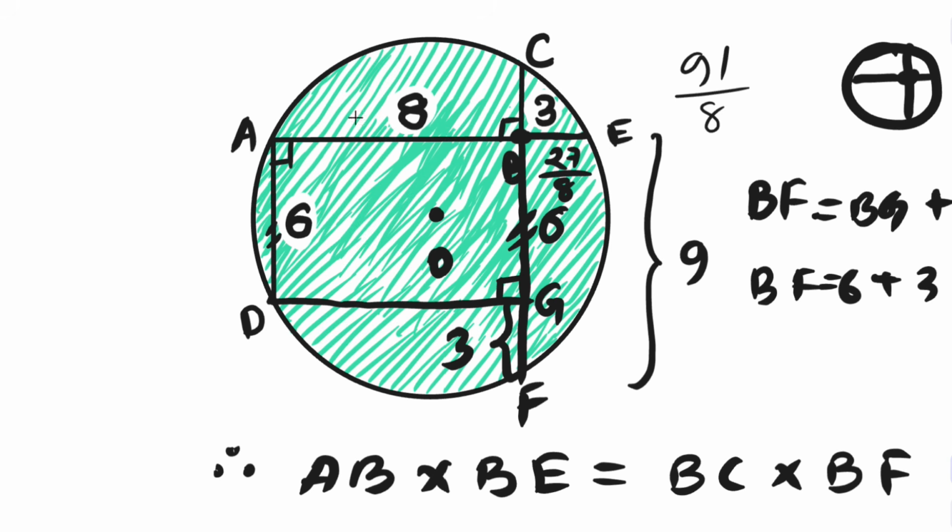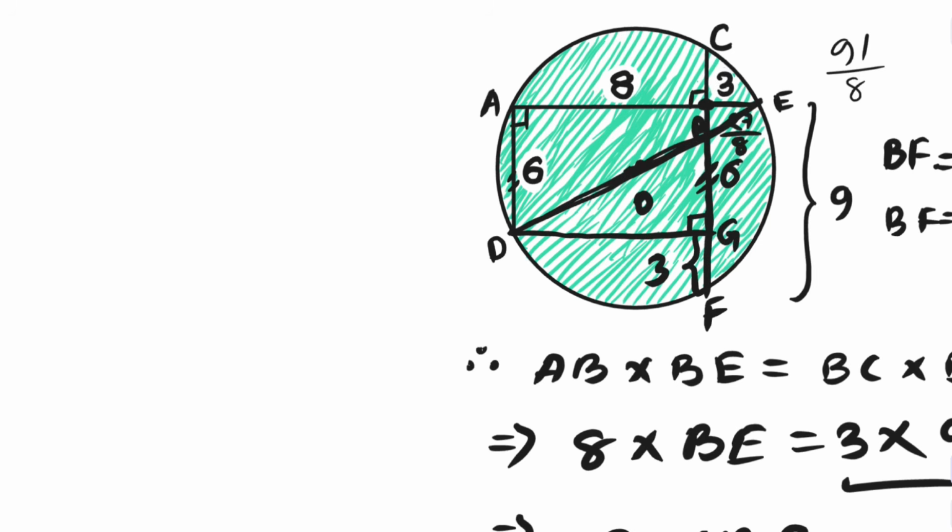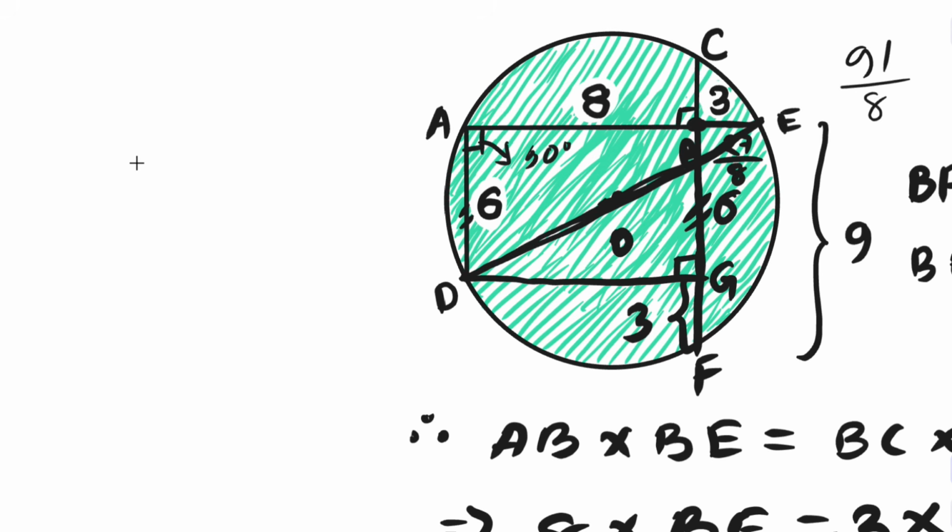Now let's connect point D to point E with a straight line. This new segment is going to be extremely important. Notice that angle DAE is a right angle. This is where we apply Thales' theorem.